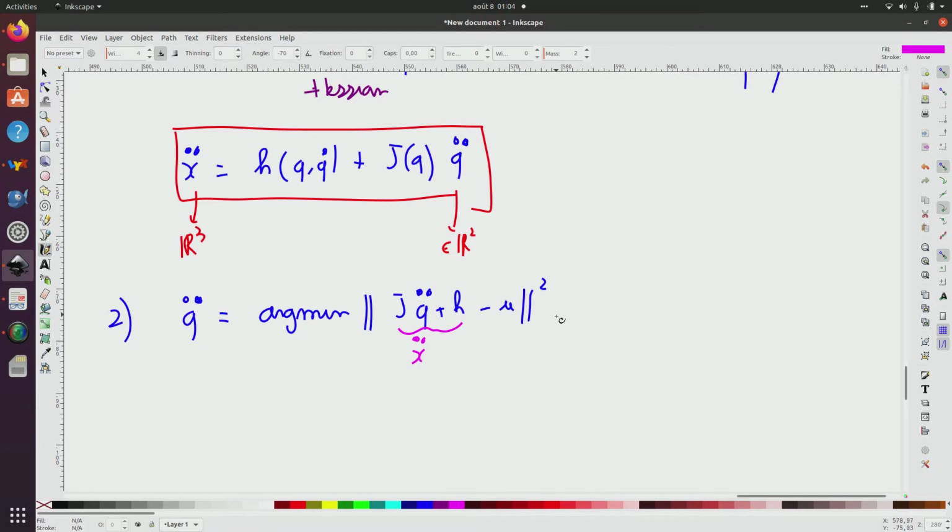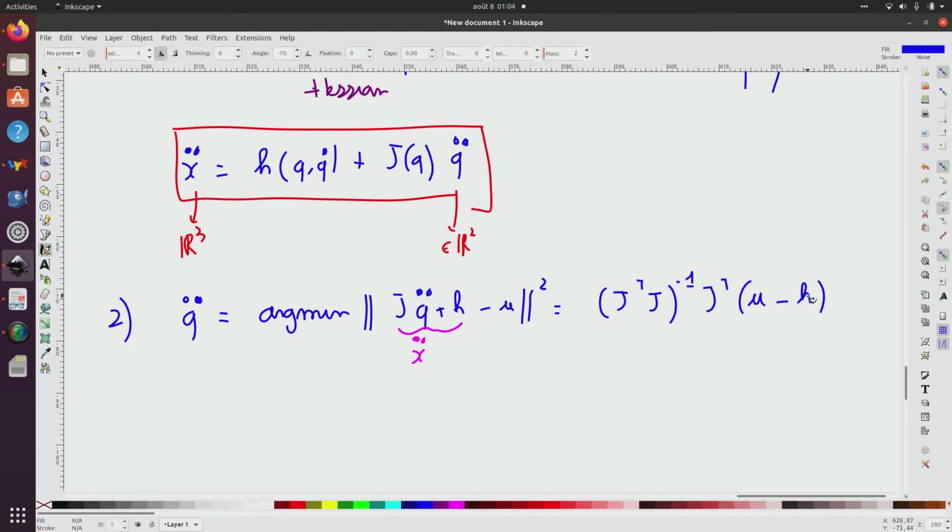So I can use the least square formula, and I obtain that it is J transpose multiplied by J, inverse, J transpose multiplied by u minus h, which depends on q and q dot.